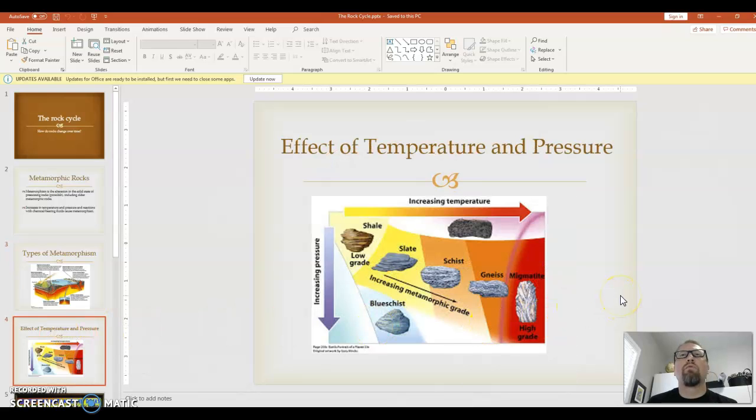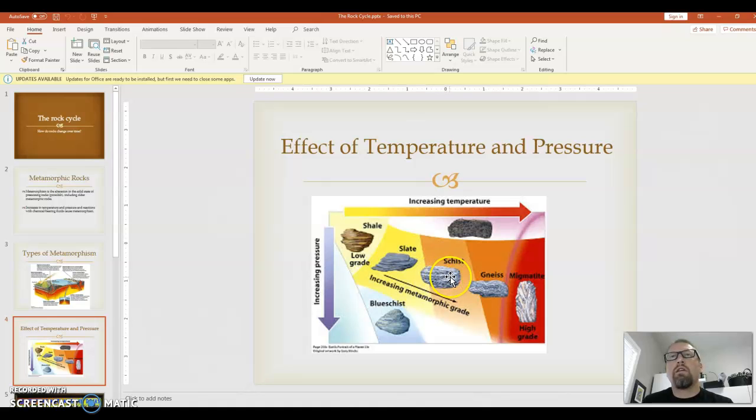This just shows a typical sort of pathway, a very common pathway for a sedimentary rock, here shale, to be metamorphosized under sort of low grade, which means low temperature or low pressure or both, into slate. So shale becomes slate, and then with further increases in temperature and pressure, slate metamorphosizes into schist, which is a pretty common rock around here actually.